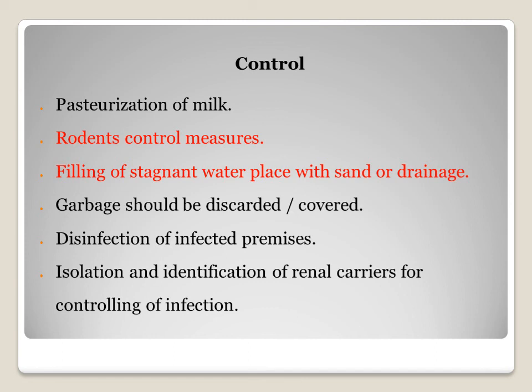That is also an important step for control of the disease. The garbage should be discarded or covered. Disinfection of the infected premises, and isolation and identification of renal carriers from animals are done for controlling the infection.